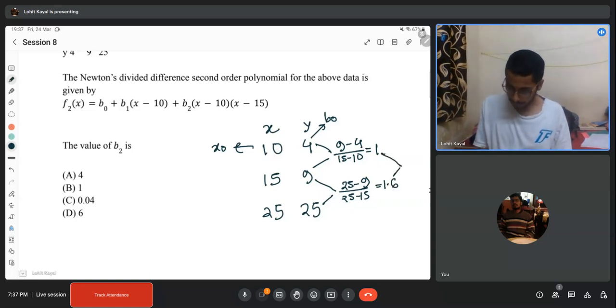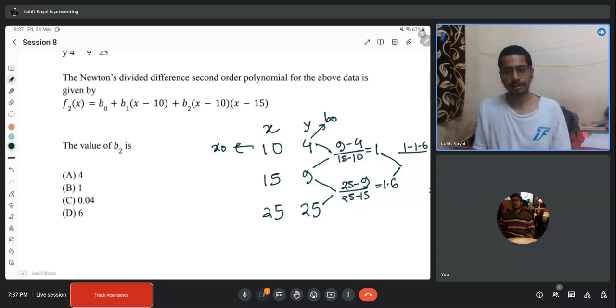Now I will divide this and this. The numerator is easy. So 1.6 minus 1 divided by what? Here I remember it like this: I follow the direction of the arrow. You need to follow the arrow until you land on the x column. So I am following this arrow. First it is 1, then it is 4, and the corresponding x is 10. Sorry, I am writing it wrong.